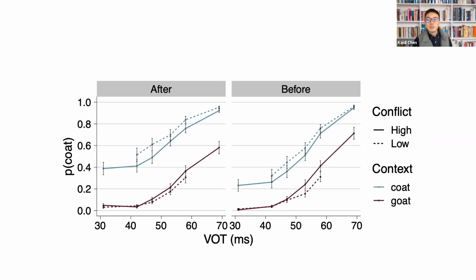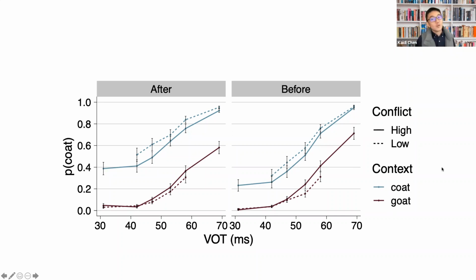The proportion of code responses as a function of VOT. Code is in red, gold is in blue, high conflict is in a solid line, and low conflict is in a dashed line. So this is the aggregated data.